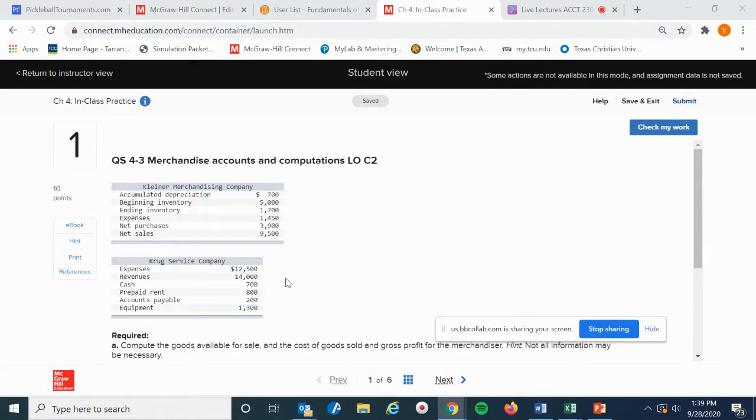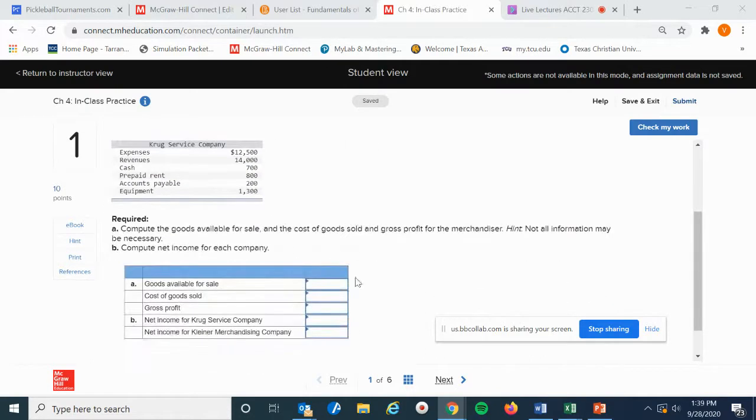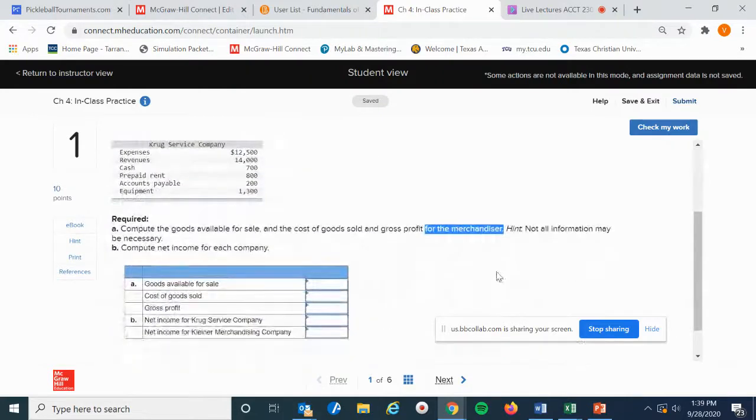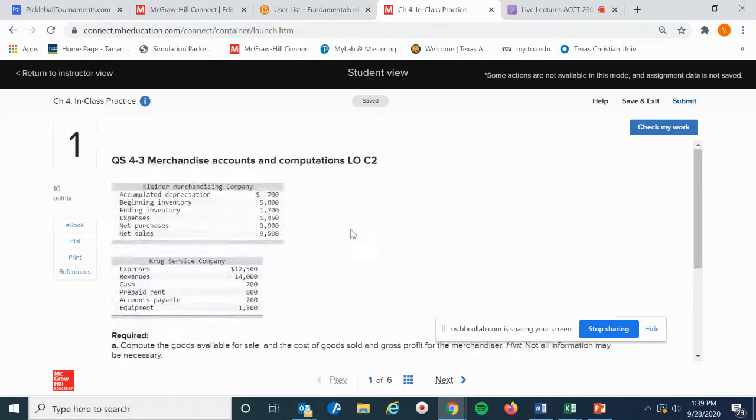They don't have any inventory on their balance sheet, and they don't have cost of goods sold on their income statement. I'm interested in cost of goods available for sale, which I can only compute for the merchandiser, Kleiner, because the service company does not have inventory.